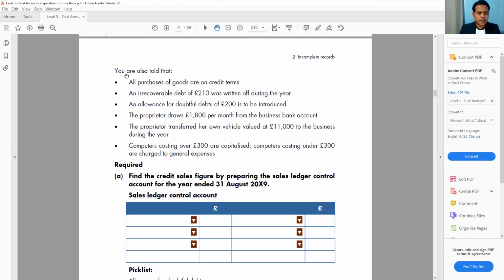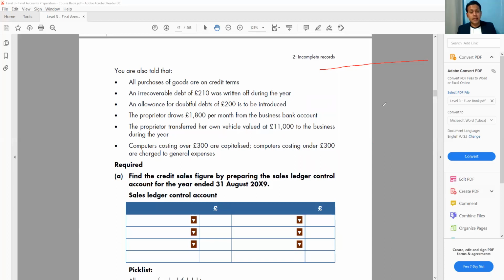After that, they said you are also told that all purchase of goods are on credit. So every single purchase you make is on credit. And irrecoverable debt 210 was written off during the period. Remember, if there is an irrecoverable debt write-off, we have to make sure we write it off in the accounts.